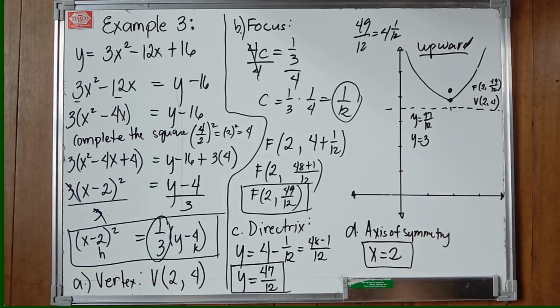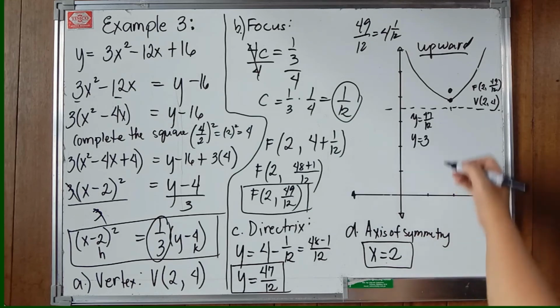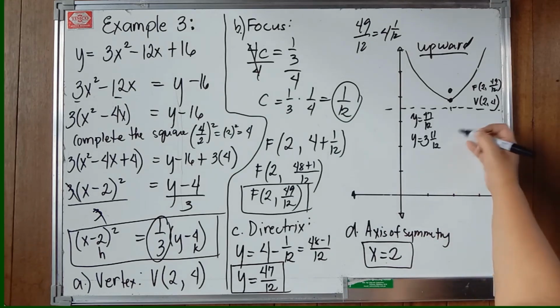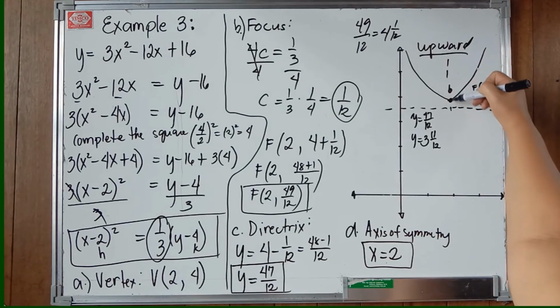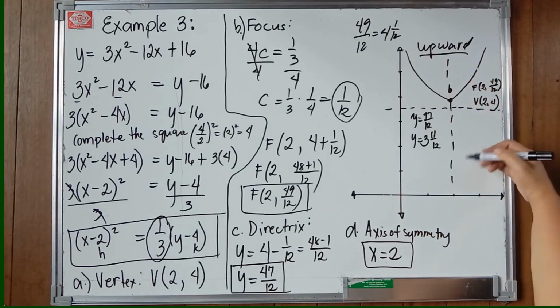And 47 over 12 is also equivalent to 3 and 11 over 12. And for our axis of symmetry, we have x is equal to 2.